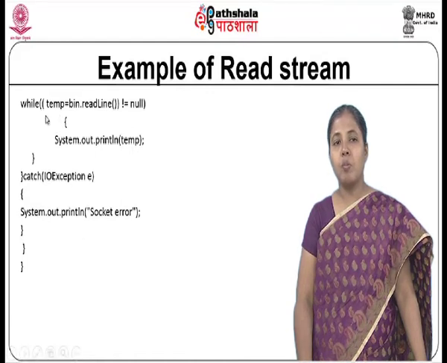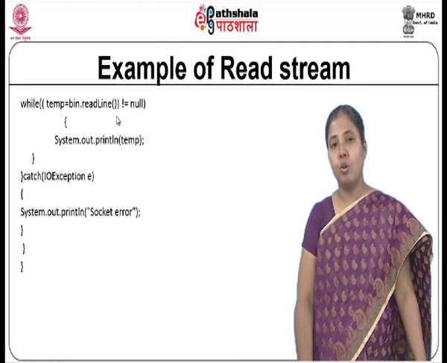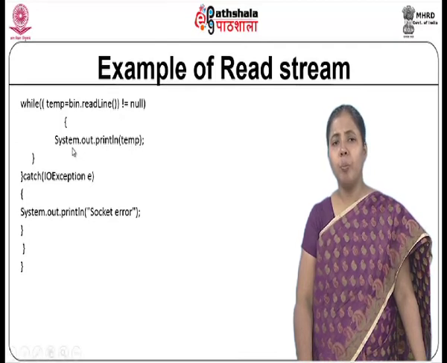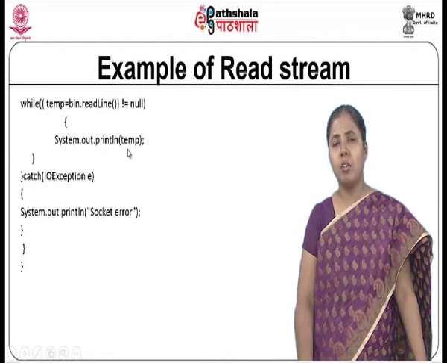Within this while loop, temp is a string that is equal to BIN, the buffered reader object you have created. Use the method called readLine to read line by line the source you are reading from that web page. Now, print the string called temp.